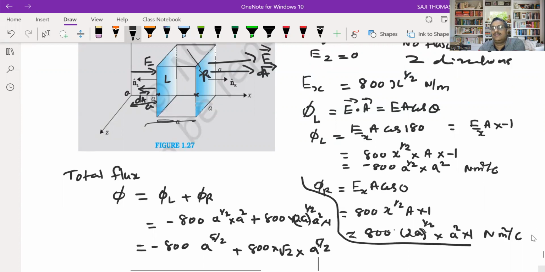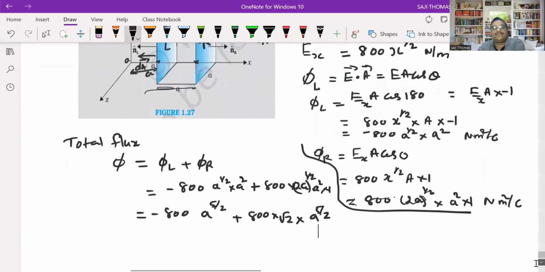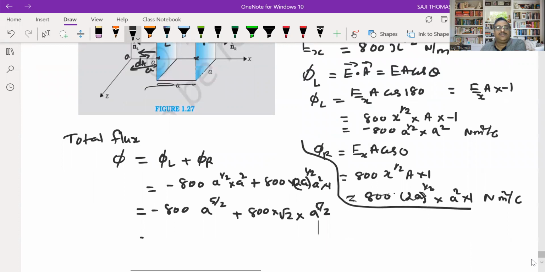Again, simplify. You can take 800 and A raised to 5 by 2 common. The remaining is minus 1 from the first term plus root 2 from the second term.